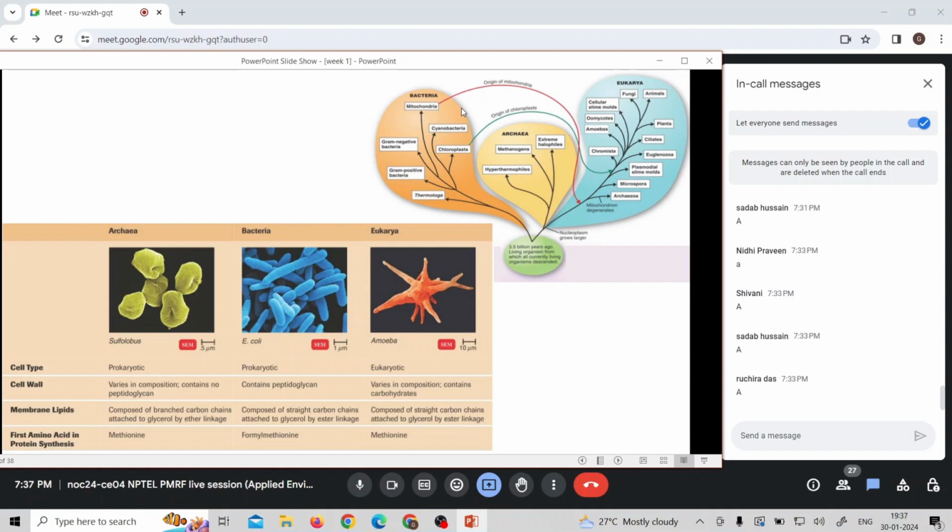This is what endosymbiotic theory states. If you are interested, you can go and read up on it. This theory is very important when we talk about this classification and how the eukaryote domain got built up.